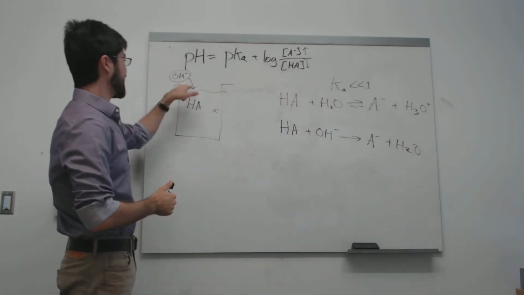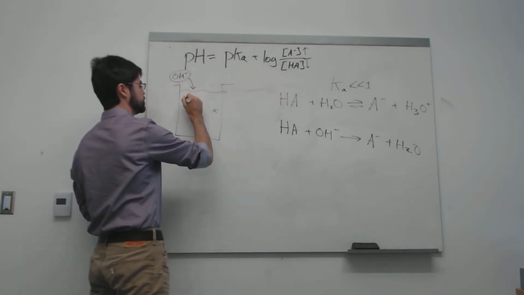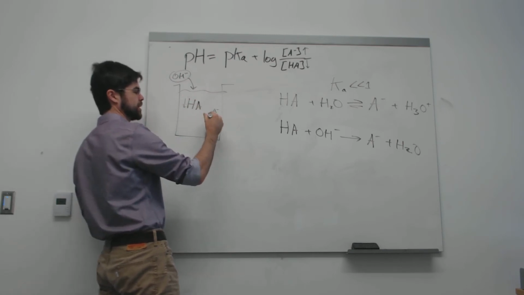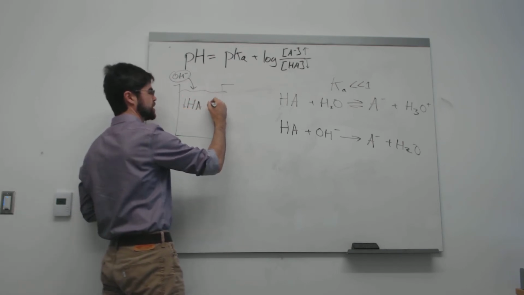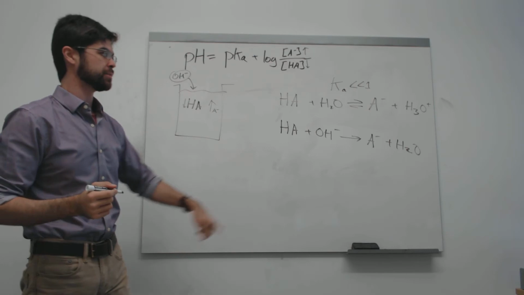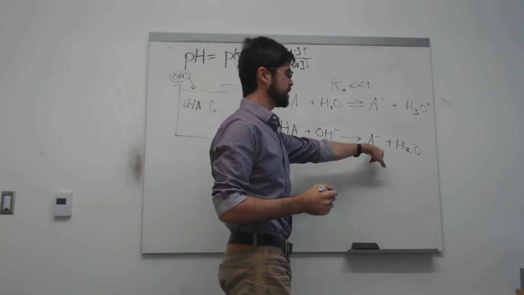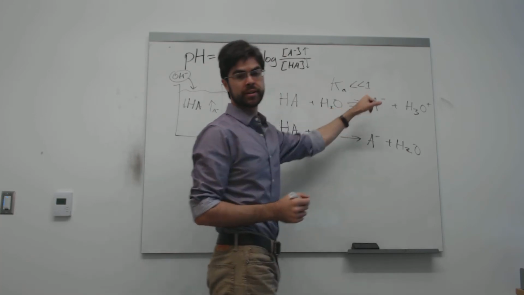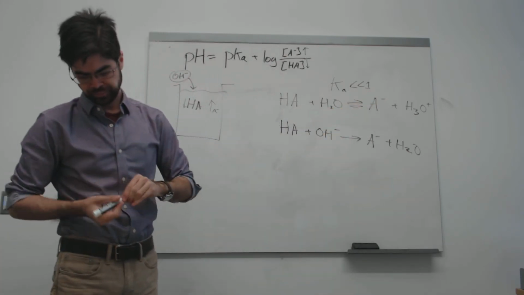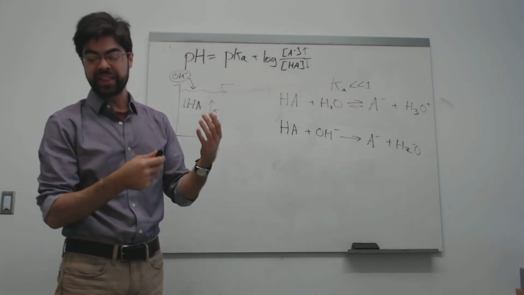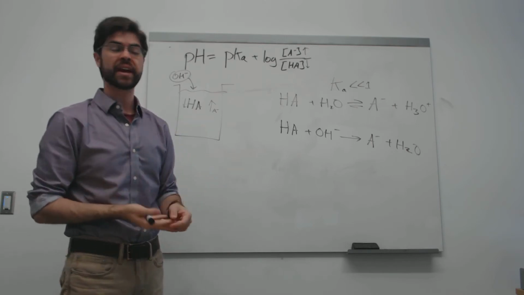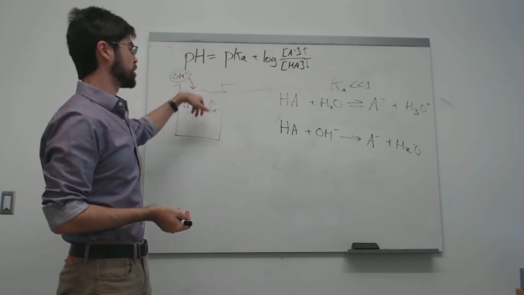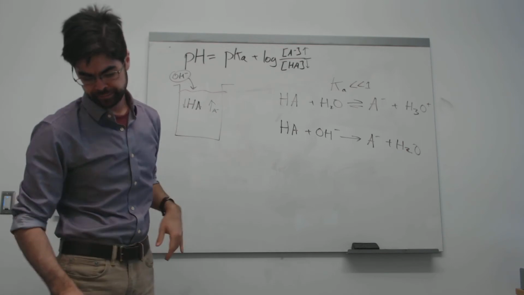And so by adding base, you decrease some of your weak acid concentration, and you increase your conjugate base. You'll lose some weak acid, and you'll generate some conjugate base. So that is how you are able to create a buffer by adding strong base to weak acid.